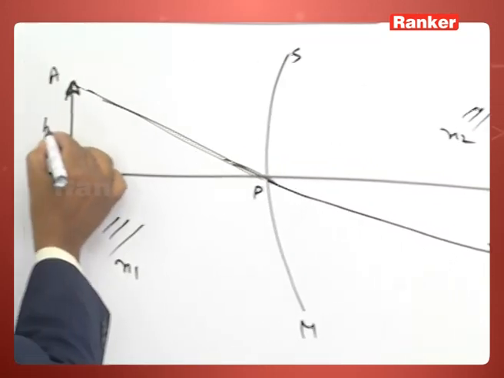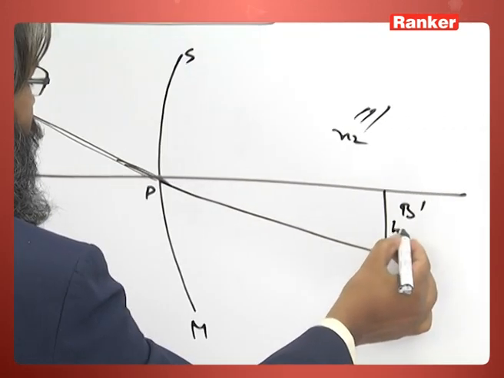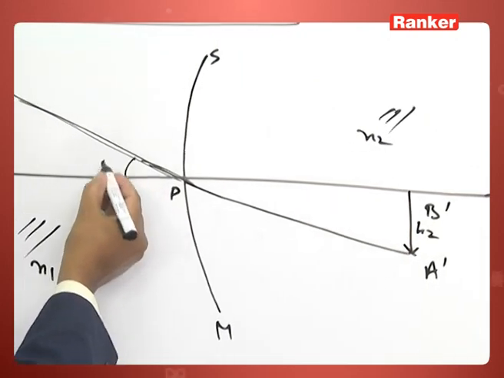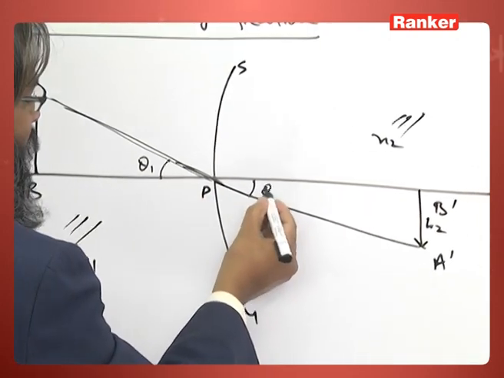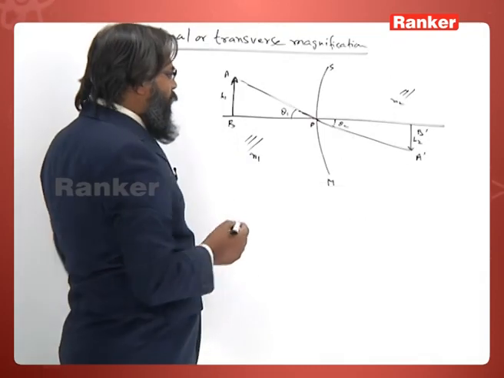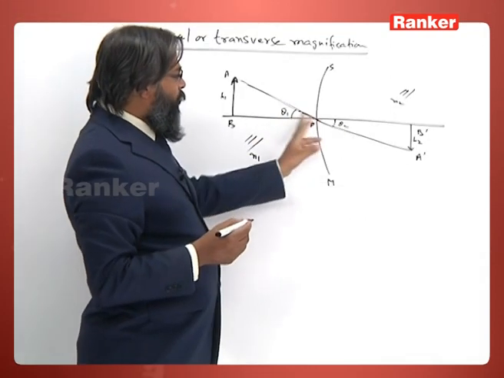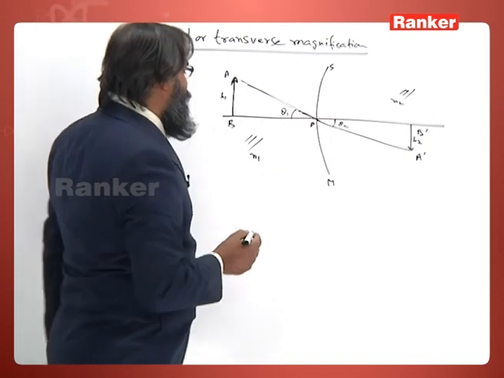This height let us denote by h1 and this is height h2. This angle is theta 1 and this angle is theta 2. So, we will use Snell's law to relate theta 1 and theta 2.